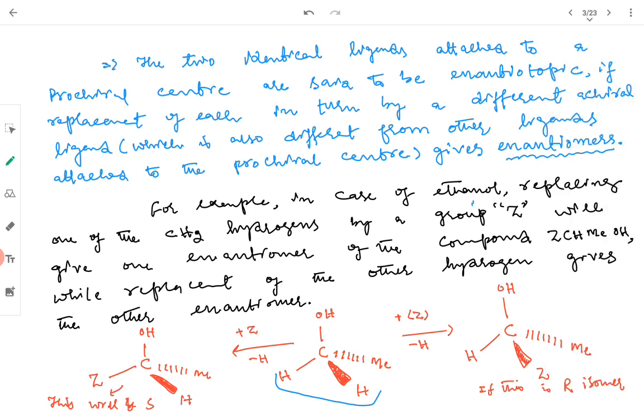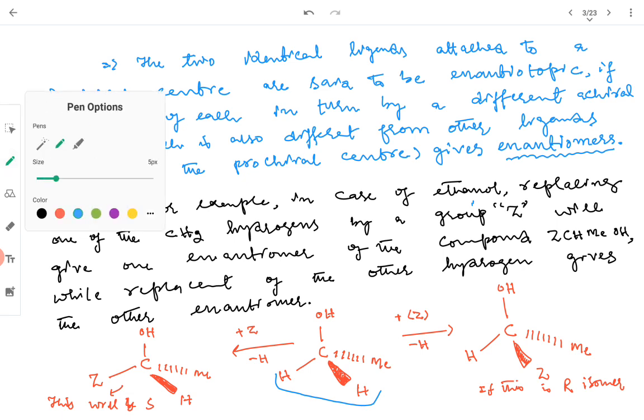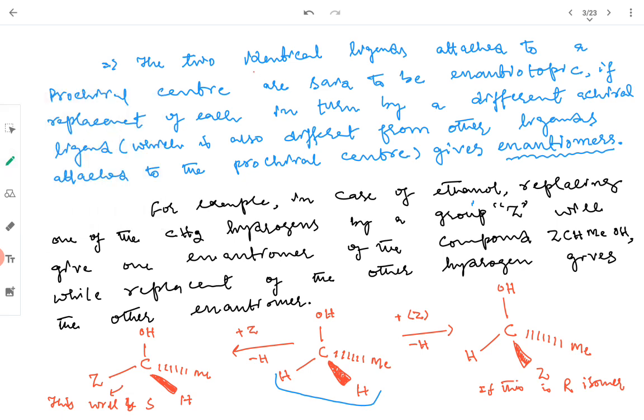And the two identical ligands which we mentioned in the previous slide, the two identical ligands attached to a prochiral center, are said to be enantiotopic if replacement of each in turn by a different achiral ligand, which is also different from the other ligands attached to the prochiral center, gives enantiomers.